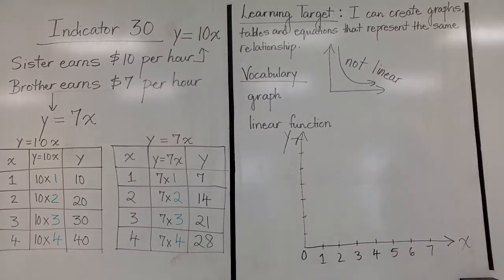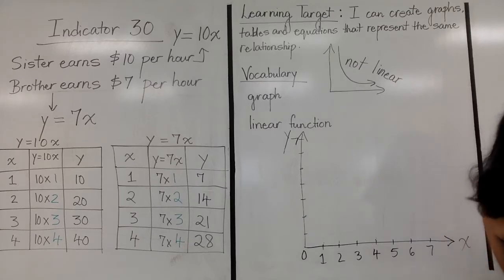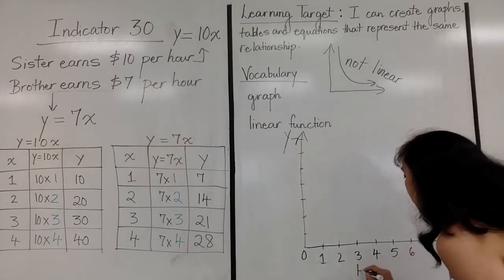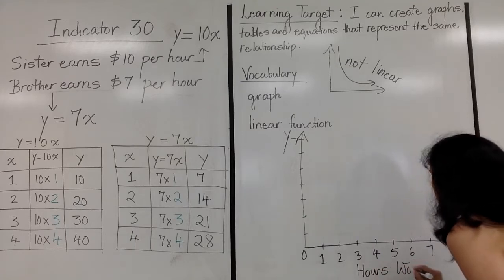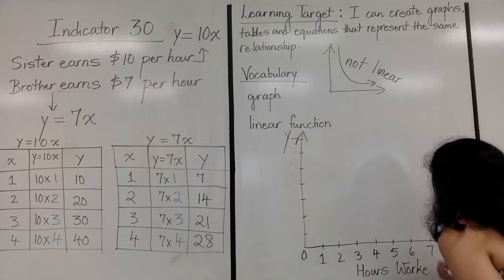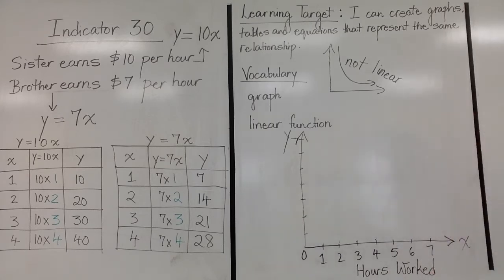This is my number of hours worked. Okay, number of hours worked. And that is my independent variable. Please make sure that you label your graphs. Okay, if you are given something based on word problems, make sure you label your graph.